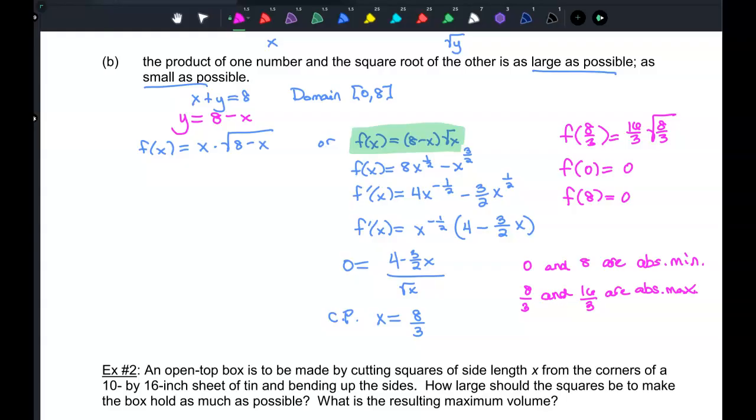This is the result that told me I was going to have a maximum value when x is 8/3 and y is 8 minus 8/3, which is 16/3. Sorry, I didn't show it. So you plugged in 8/3 for x, and then you subtract it. Yeah.